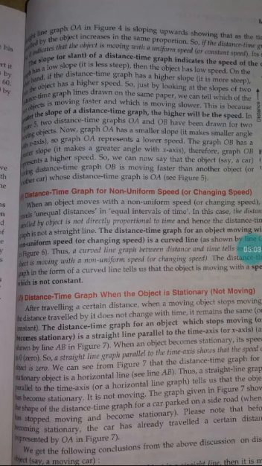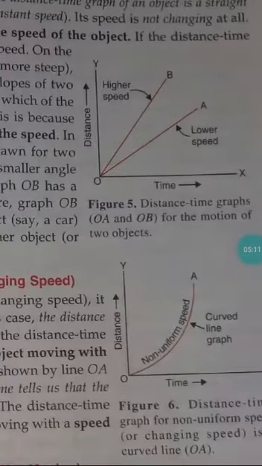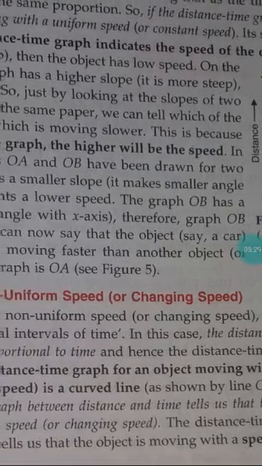This is because the greater the slope of a distance time graph, the higher the speed. In figure 5, you can compare their speeds. OB has higher speed as it is steeper than OA. Like this we can detect from the graph whether an object is moving at a higher or lower speed, right students?